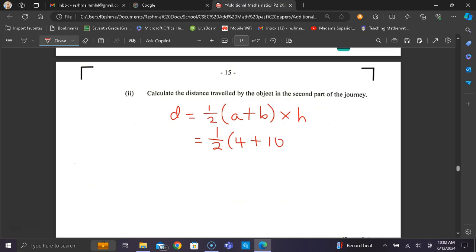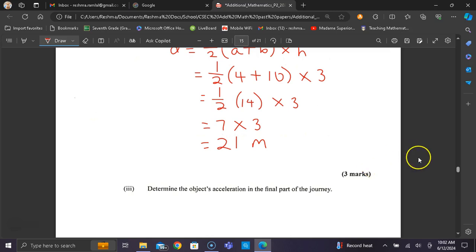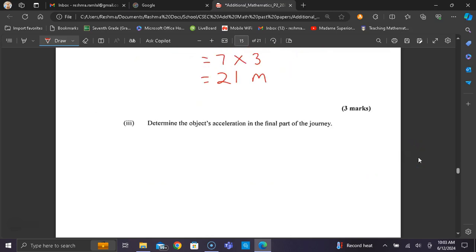So a half of 4 plus 10 times 3. Half of 14 is 7, and then 7 times 3 is 21 meters. So that's the distance traveled by the object in the second part of the journey, and that's 3 marks.